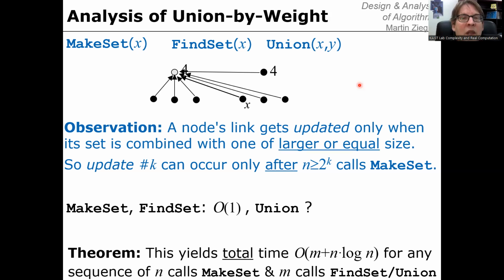This time, we depart from the representation of a forest of constant depth, and instead move to forests of larger depth. But of course, we want the depth to be small because, as usual, the depth is what determines the cost, at least in the worst case.